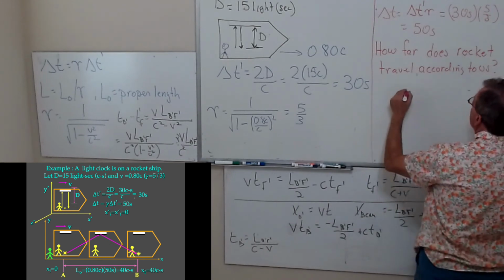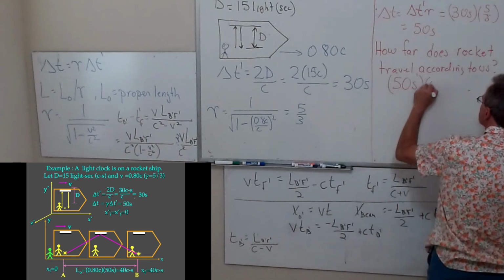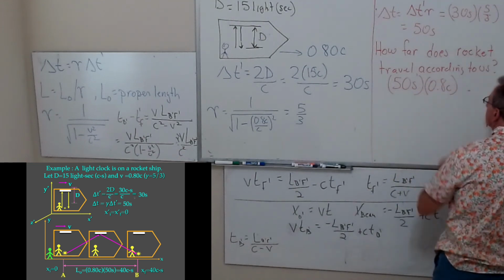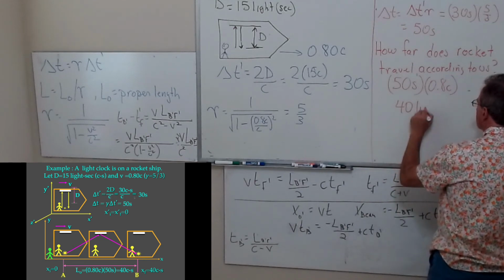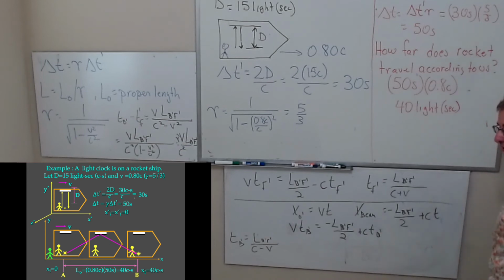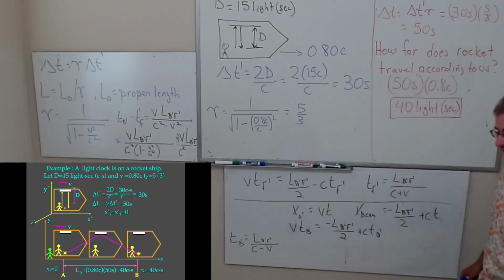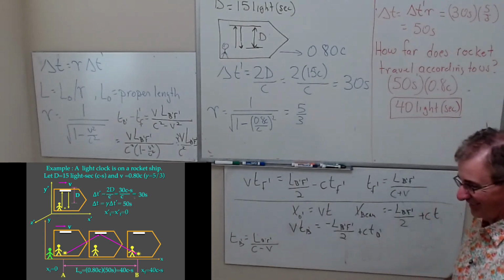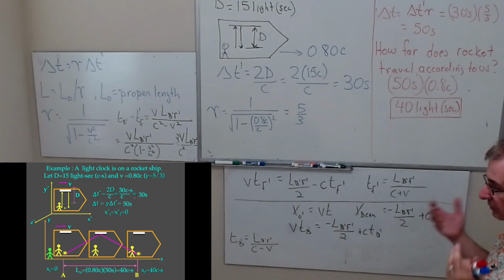Well, it's going to be 50 seconds times 0.8 c, which is going to be 40 light seconds, or 40 times c seconds. So far, so good. All I've used is time dilation, etc.